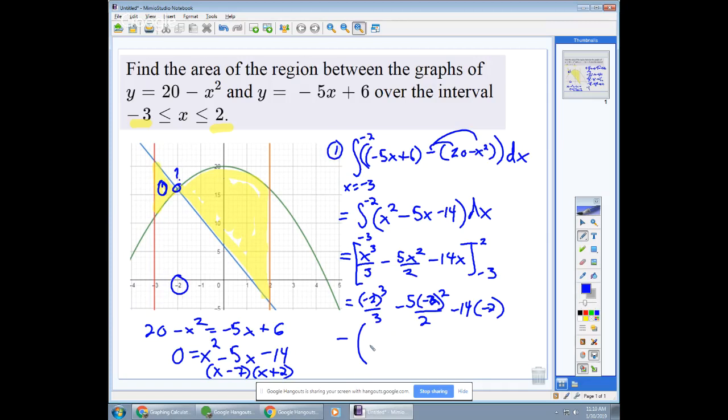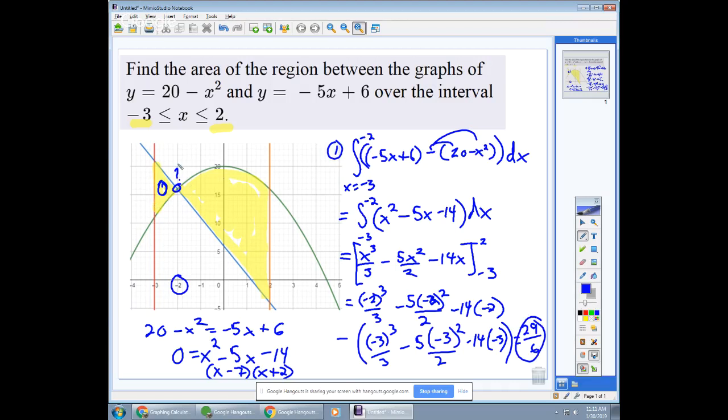It's 2. And then the next one gets the -3. So -3 cubed over 3 minus 5 times -3 squared over 2 minus 14 times -3. The arithmetic on that comes out to the 29.6. So that's for area 1.